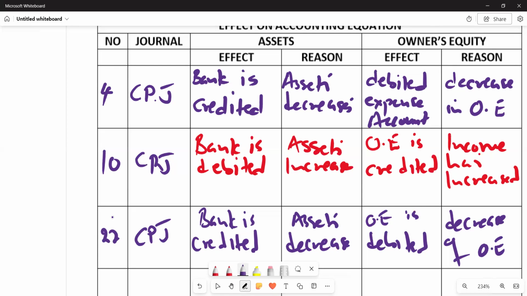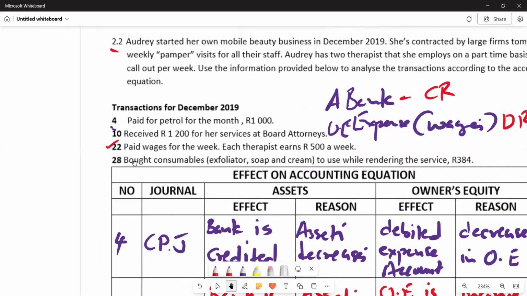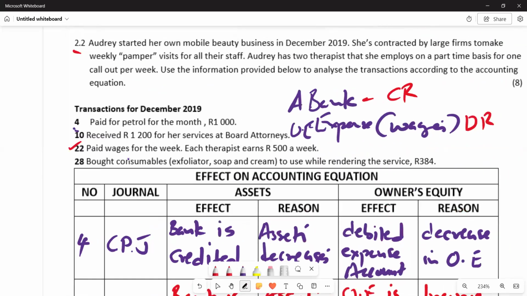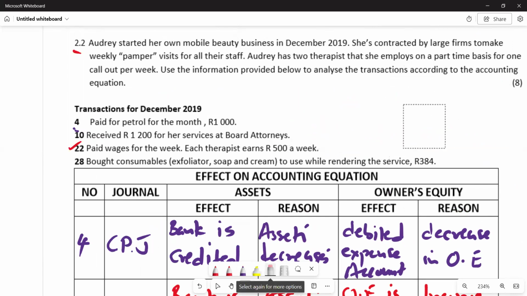Then we go to the next one, which is going to be our last. Let's see what we have there. The last one says bought consumables (exfoliator, soap and cream) to use while rendering the services, 384 rands. So the first step is to identify the double entry involved.